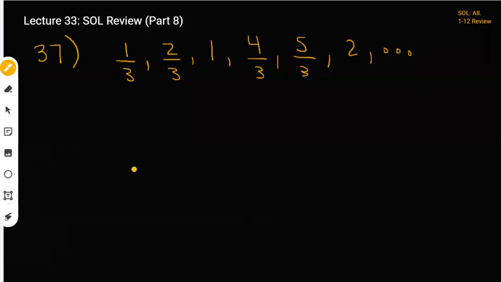Now, every sequence is going to have a first term. My first term for this one is going to be 1/3. I'm going to circle it, put a box around it, and call it A1. That's my first term.